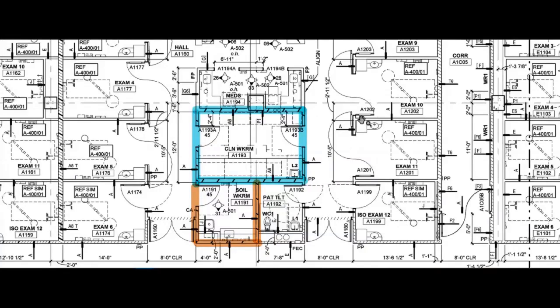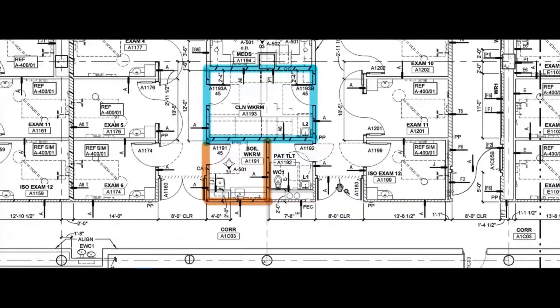We have exam rooms. We've got some kind of funky looking doors here, and we will take a look at those at a later date in a different session. Patient toilet that swings in both directions. We'll take a look at that later as well. But taking a look at this clean workroom, a clean workroom is nothing more than just a large storage area for clean equipment and materials, things like syringes and bandages that they'll be going in and out of quite frequently throughout the day.